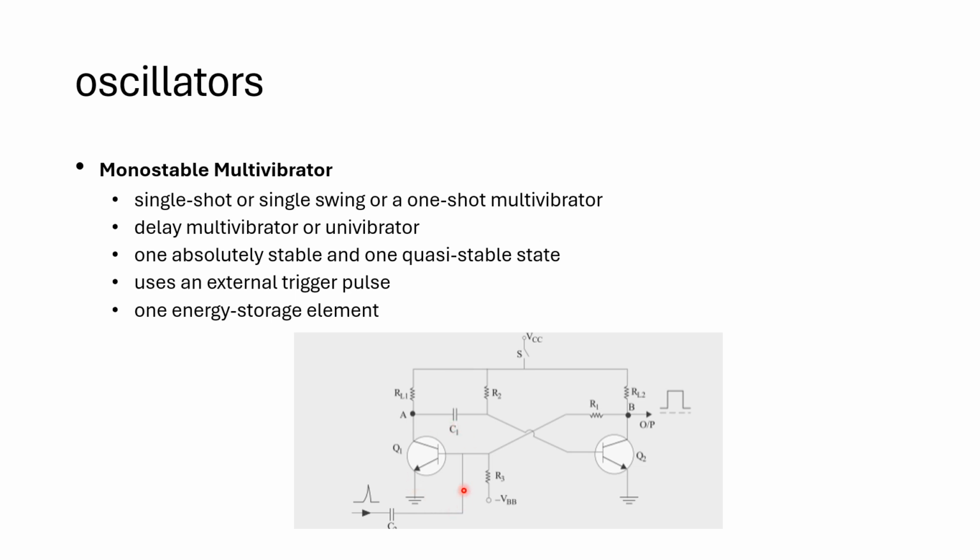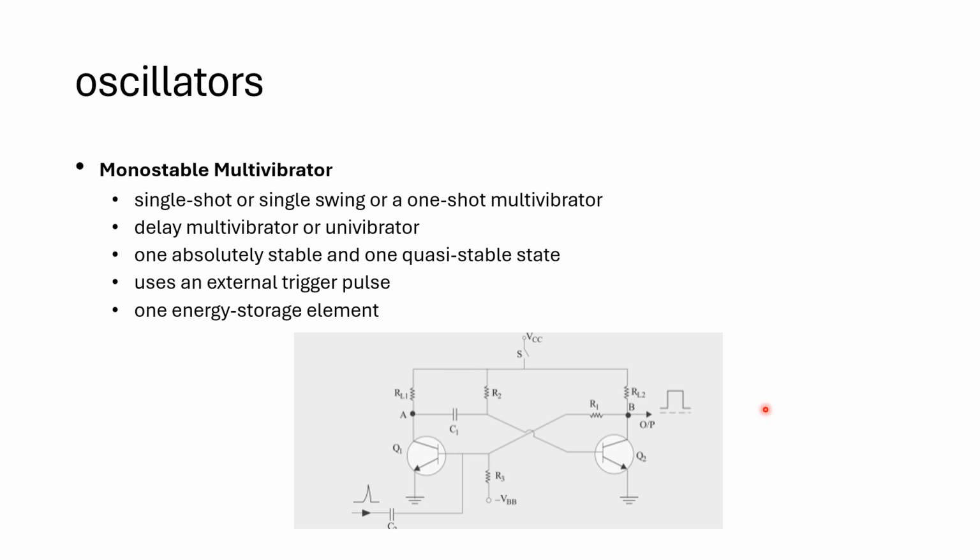The moment that your Q1 is forward biased, that is the only time that the capacitor will be charged, making this Q2 reverse biased. So when this is reverse biased, we have an output. Then afterwards, since we don't have a capacitor to maintain that, it will go back to its normal state, which has 0 output.